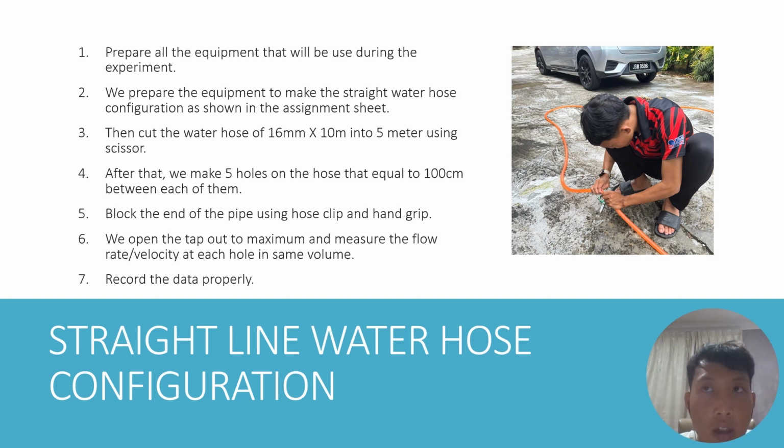We use a stopwatch and a beaker to record the data, using the information that has been given. As we can see, this slide is about straight line water hose configuration.